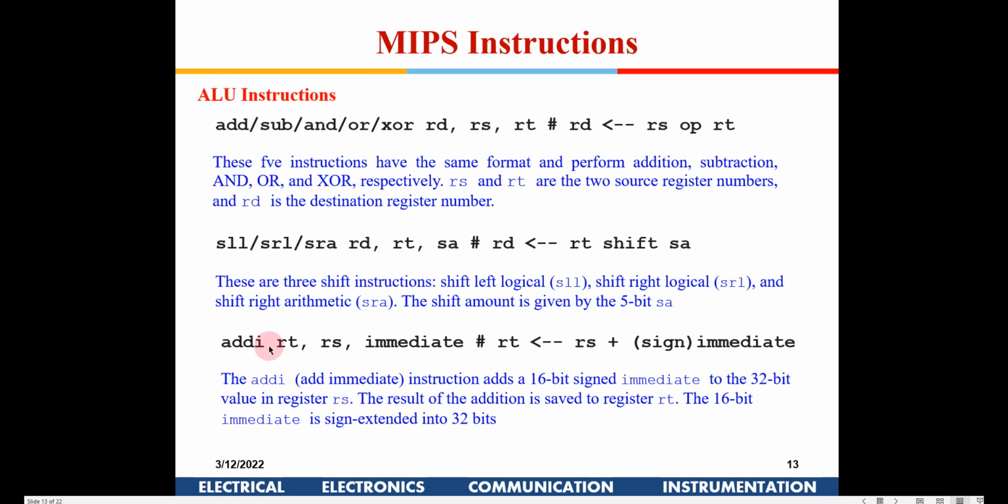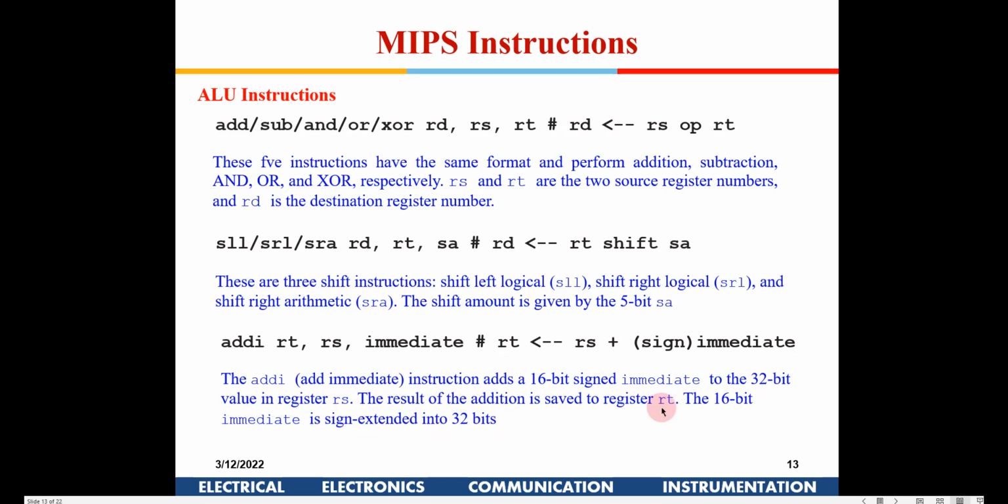So for add immediate, the 16-bit immediate data is sign extended into 32 bits. Sign extended means that if the most significant bit of the 16-bit data is 1, then the rest of the upper bits will be made 1 as well. Suppose, considering the 2's complement method that you have learnt in digital, the number is minus 10.